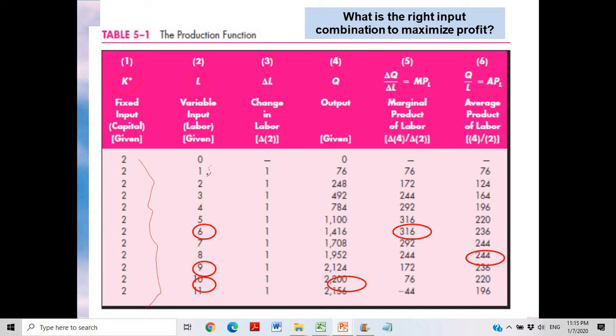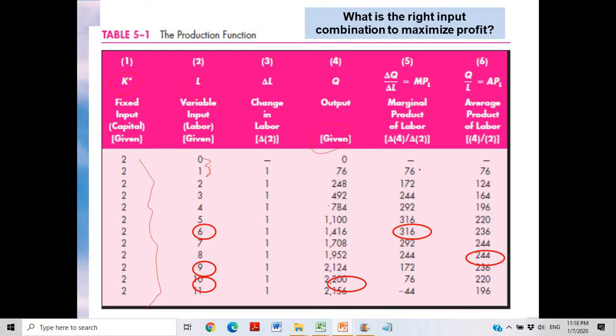Change means the difference. All are increasing by 1, 1, 1, 1, the change in labor, and this is the output given. You can see the output increasing, and at one point it actually decreased. In relation to the input just now, fixed input is constant, but variable input increases with the increase in the level of production.